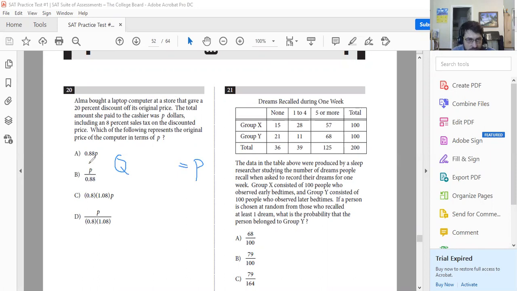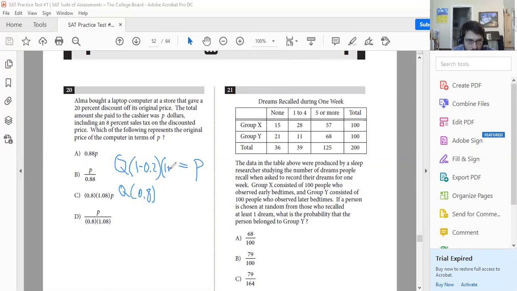Store gave a 20% discount. So if you have a 20% discount, what you're really doing is 1 minus 0.2, which is 0.8. That's how you'd find out how much the price is after the discount. And then we have an 8% sales tax, so that will be added.